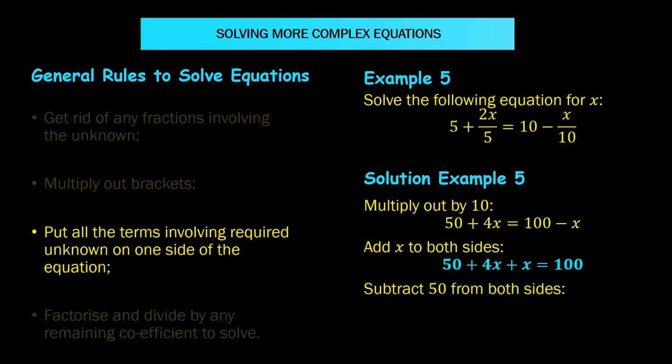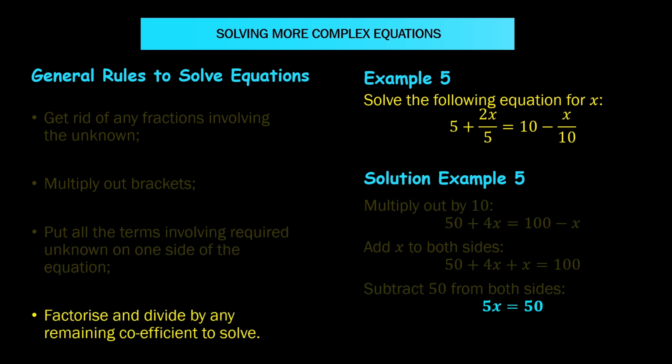In order to isolate the x's, we now subtract 50 from both sides to give us 5x equals 50. And finally, we factorize and divide by any remaining coefficient to solve. So we need to divide by 5 to give us x equals 10.